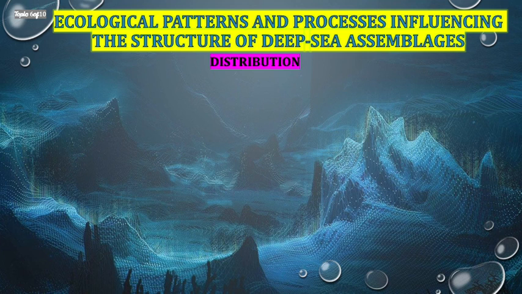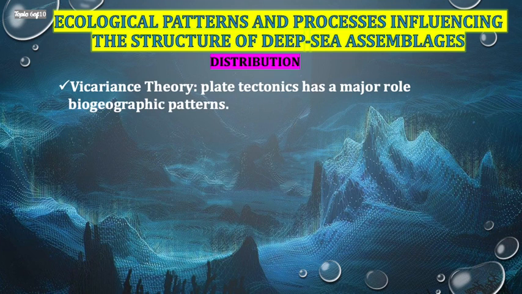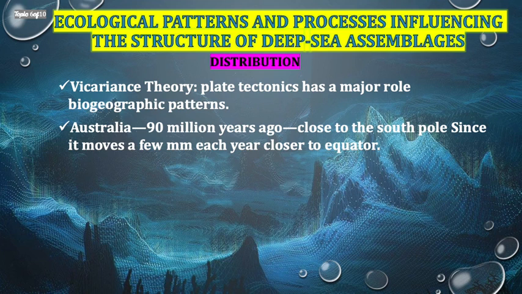Okay, so topic 6 is about the ecological patterns and processes influencing the structure of deep sea assemblages. And one of the first of these patterns and processes that I'm going to tackle is distribution. According to one theory, the vicariance theory, plate tectonic activities have a major role in the distribution of marine organisms.